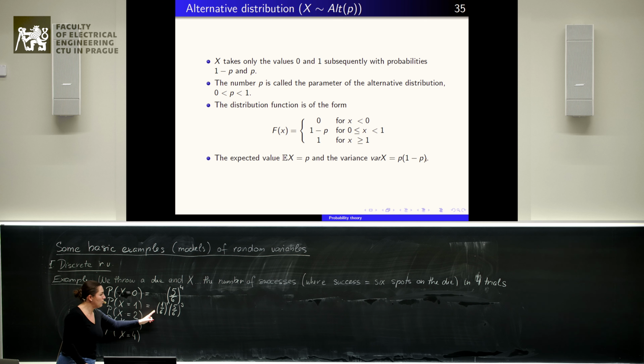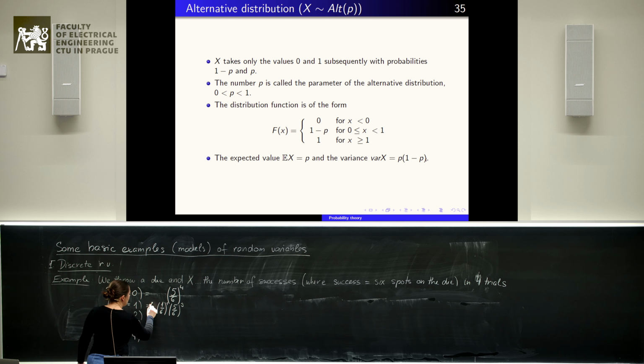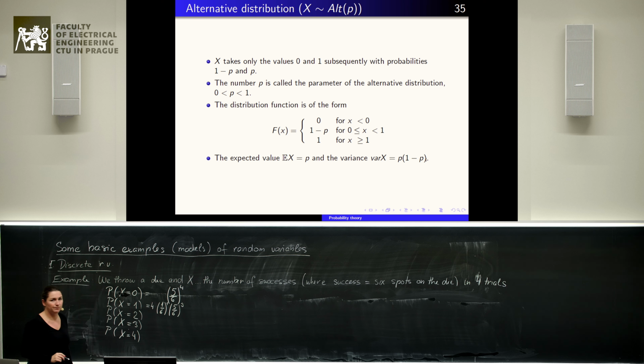But this is the probability that the 6 spots were in a concrete trial, for example, in the first trial. But there are more possibilities how to get one success in 4 trials. It can happen in the first trial, in the second trial, in the third trial, and in the fourth trial. So there are 4 possibilities having the same probability. So the probability must be multiplied by 4.